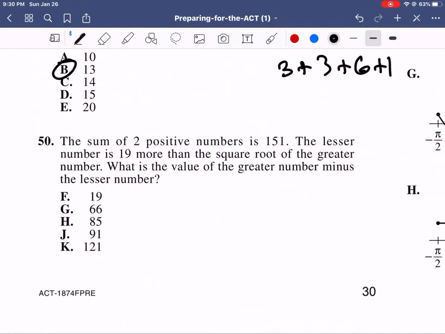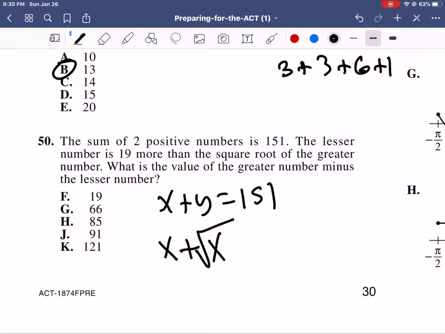The sum of two positive numbers is 151. So x plus y equals 151. The lesser number is 19 more than the square root of the greater number. So x plus the square root of x plus 19 equals 151.